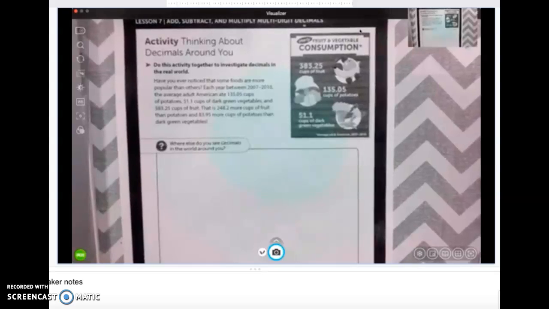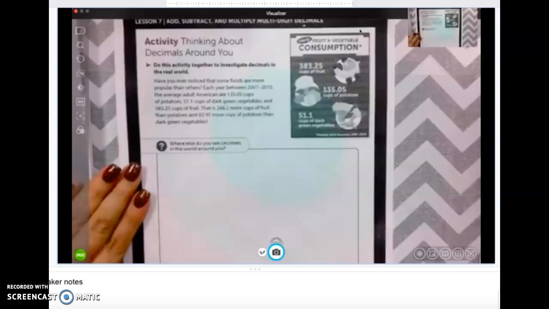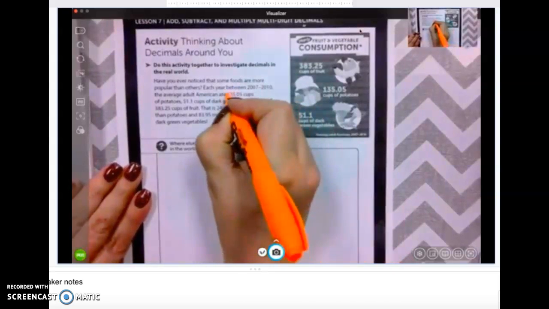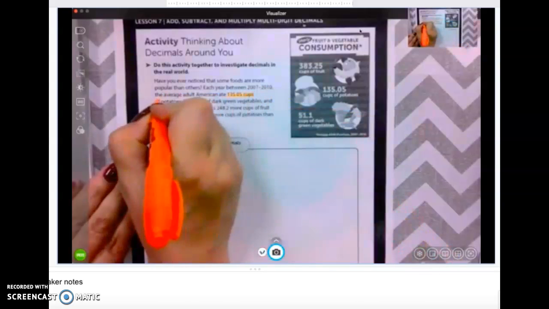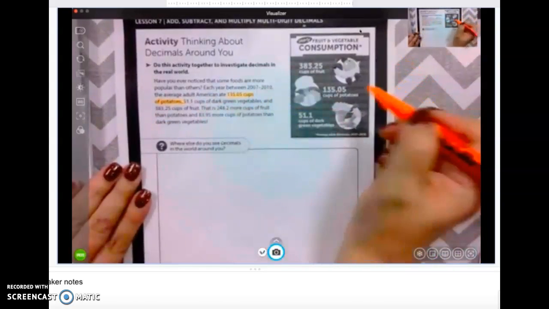Have you ever noticed that some foods are more popular than others? Each year between 2007 through 2010, the average adult American ate 135 cups of potatoes. That's a lot of potatoes to eat.